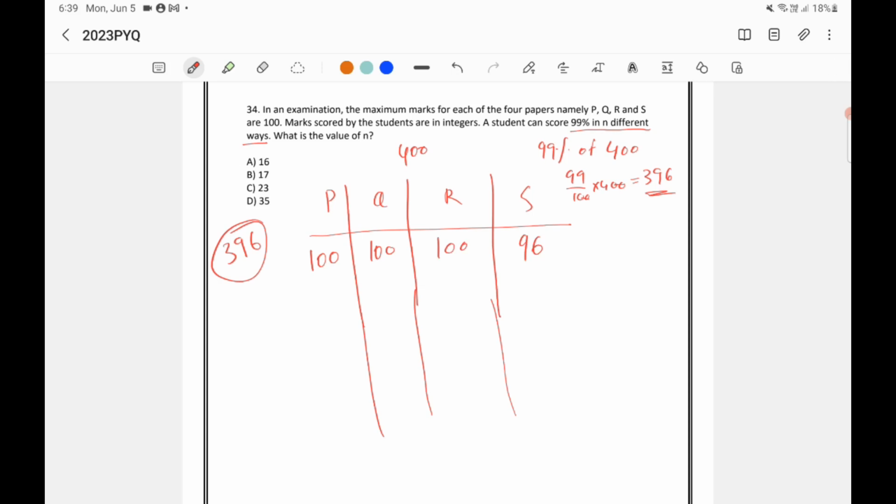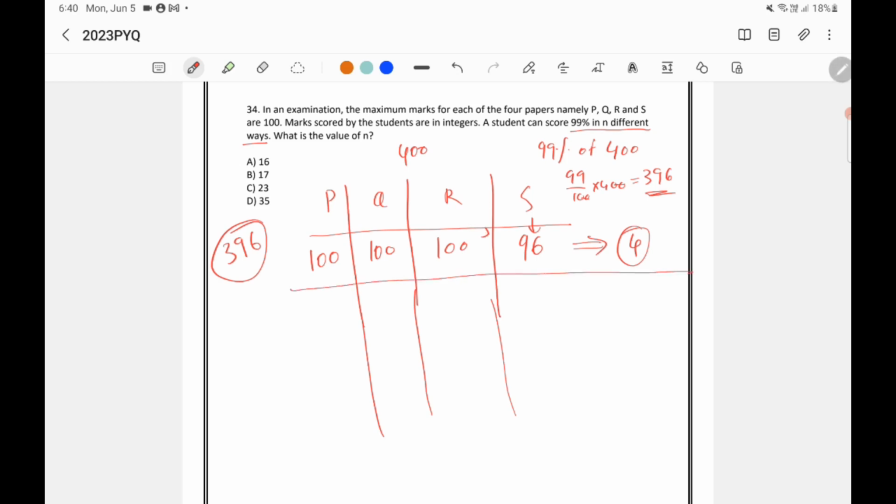So S can be 96, or R can be 96, or Q can be 96, or P can be 96. So there will be total 4 possibilities in this combination, 100, 100, 100, 96. There are 4 combinations because here S is 96. Similarly, R could be 96 and all others can be 100. Q could be 96, all others can be 100. P could be 96 and all others can be 100. So there are total 4 possibilities.